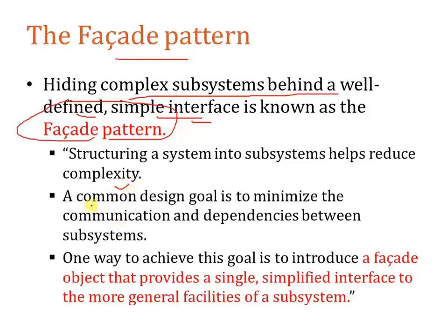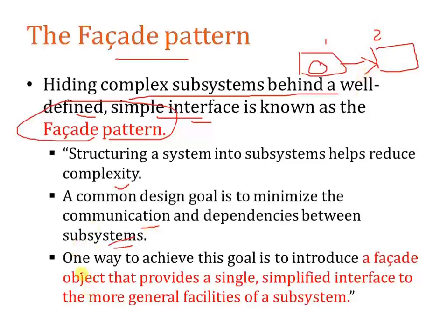So how do we do this? A common design goal is to minimize the communication dependencies between the subsystems. As we already know, if you have two different subsystems, we need to make each subsystem self-dependent, so that subsystem 1 is very rarely dependent upon the second subsystem to complete its functionality.